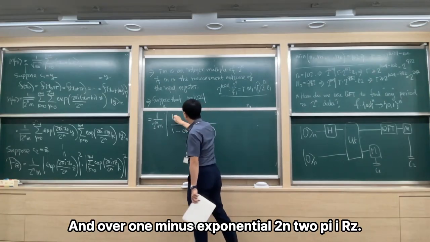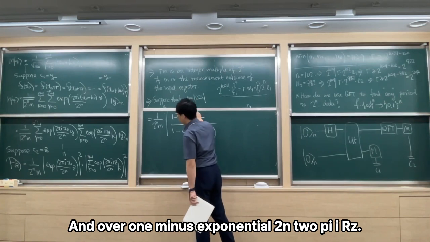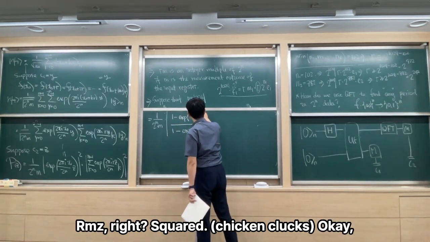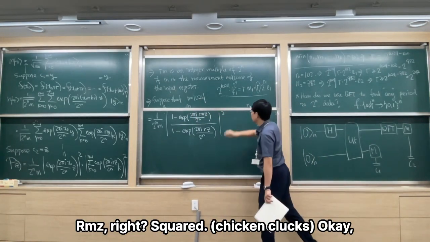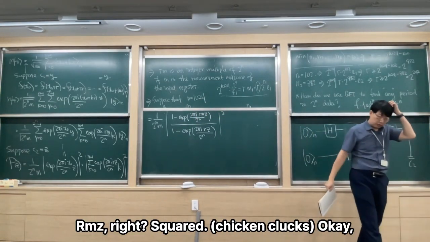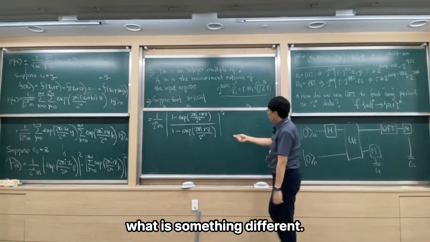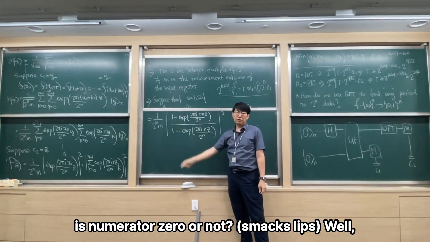And over 1 minus exponential 2 pi i r over 2 to the n, with k going to m, so r m z, squared. Okay, so now is the numerator 0 or not?